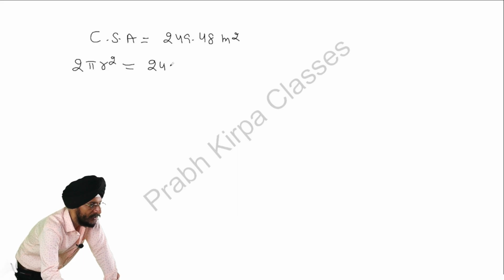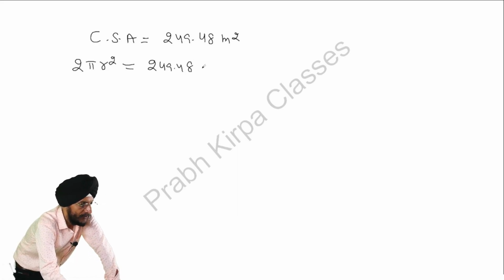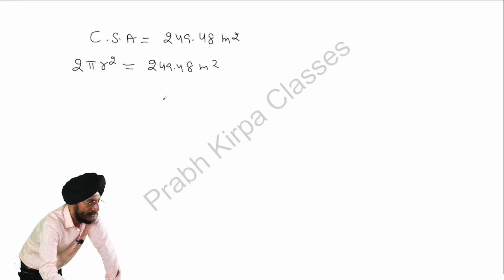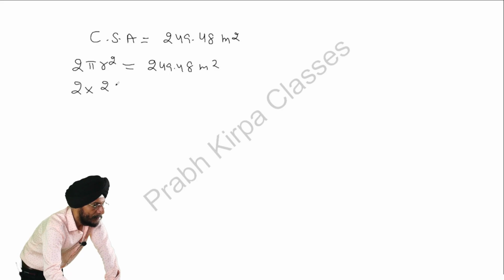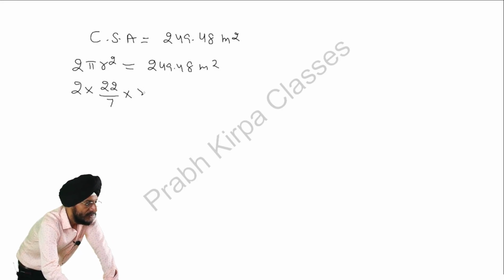So now it is equal to 249.48 square meter. So now we will put in the relevant values. Pi stands for 22 over 7. R is not known to us.